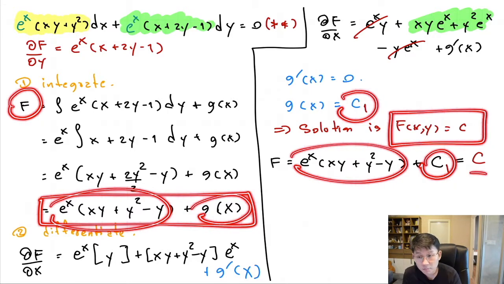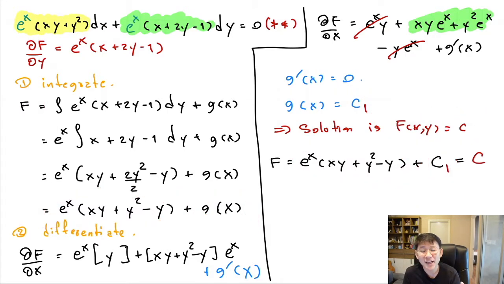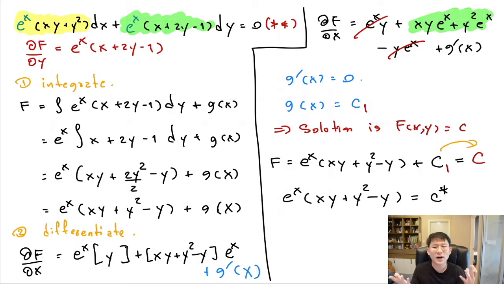But guys, both c1 and c are constants, okay? So I'll just push this c1 to that side, and group them together. So I have e to the x times xy plus y squared minus y equals c star, okay? Or you can write c if you want, because it's just a constant.